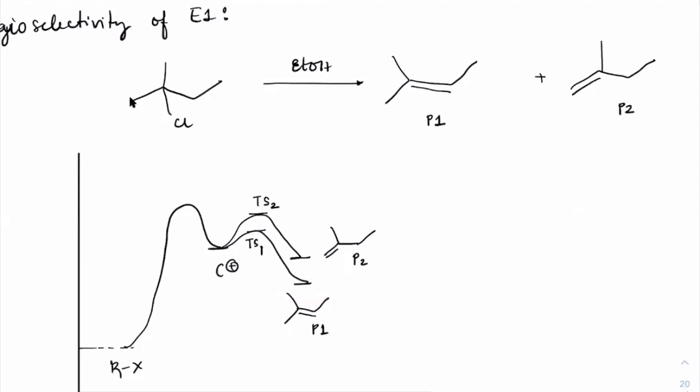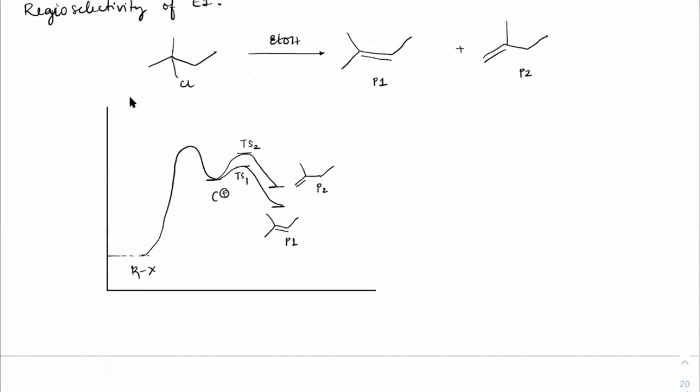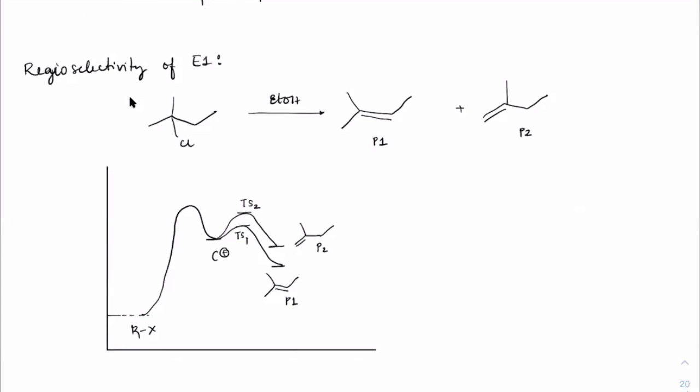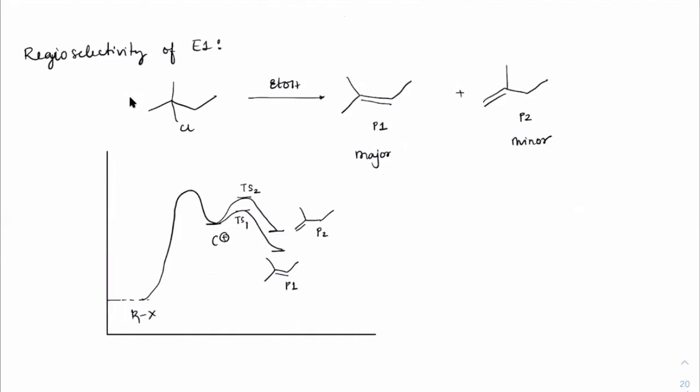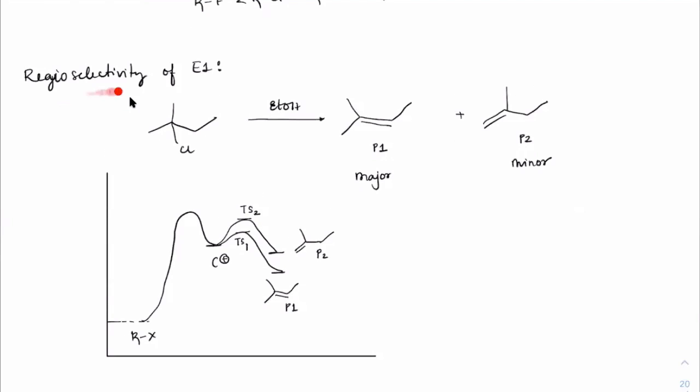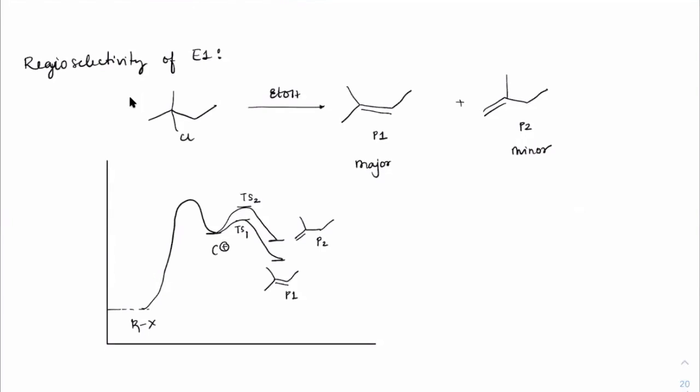I guess all of you understood that. So that's why, if the major product is asked, the more substituted one will be major and this will be minor. So yes, E1 also shows regioselectivity, just like E2.